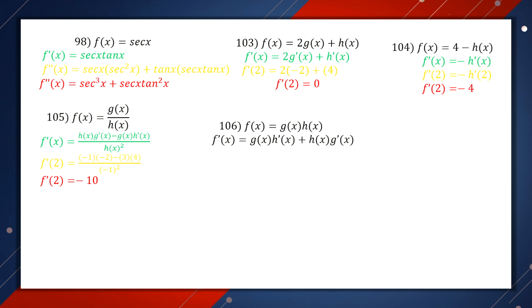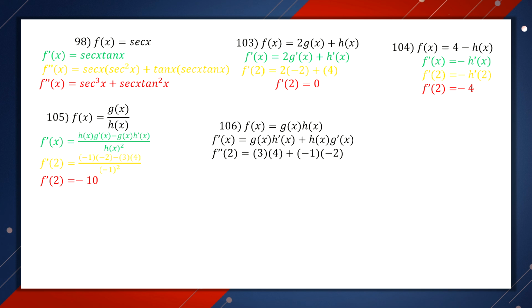And in this question, f of x equal to g of x times h of x. So f derivative x equal to g of x times h derivative x plus h of x times g derivative x. So we need to further derive it and replace 2 on it.